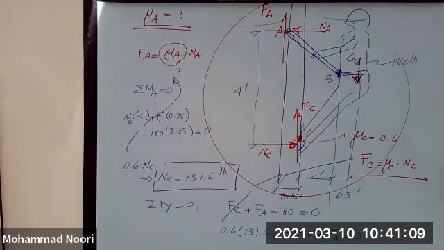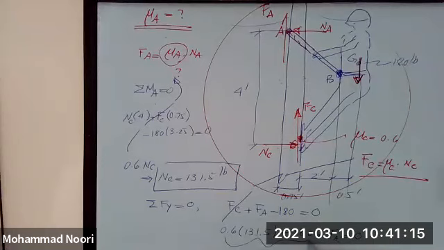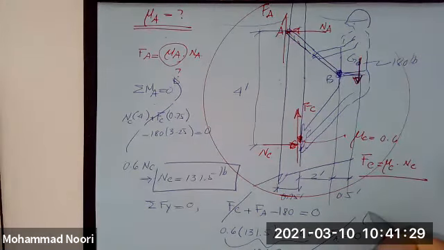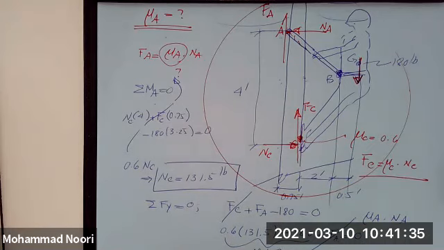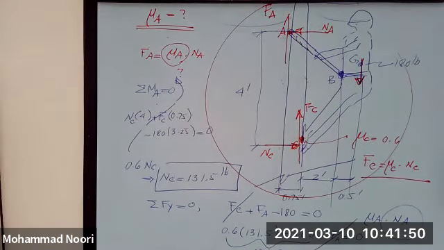So I can find F sub A. If you subtract these two, you will see that it comes out to be actually 101.2. F sub A is mu sub A times N sub A. Let's just write this equation: mu A times N sub A is 101.2. So this is summation of forces along y equal to 0, right?